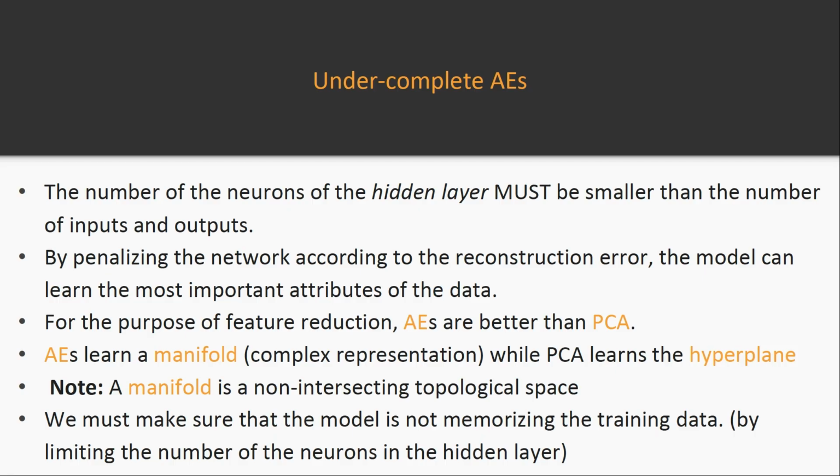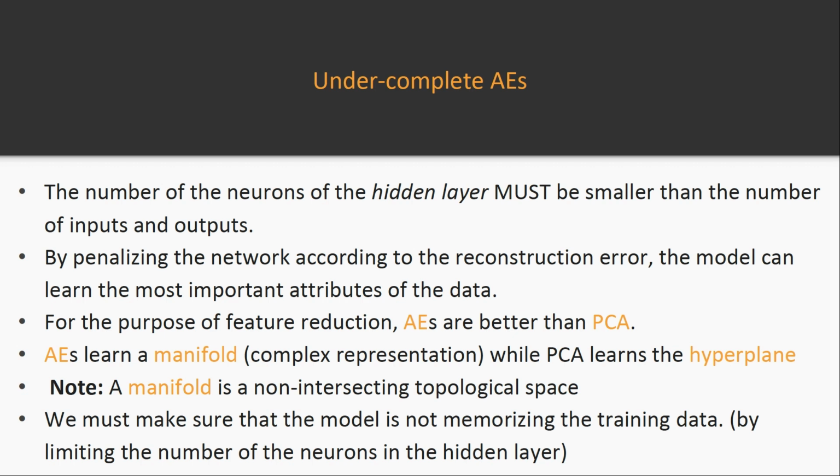Here in this slide, we are going to discuss one of the types of the autoencoders, which is called undercomplete autoencoders. In this type of the autoencoders, the number of the neurons of the hidden layer must be smaller than the number of the inputs and outputs. By penalizing the network according to the reconstruction error, the model learns the most important attributes or features of the data.